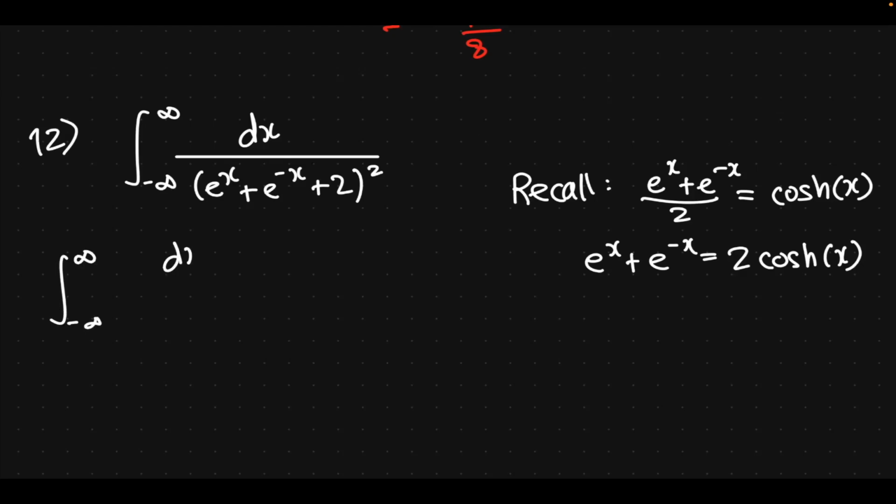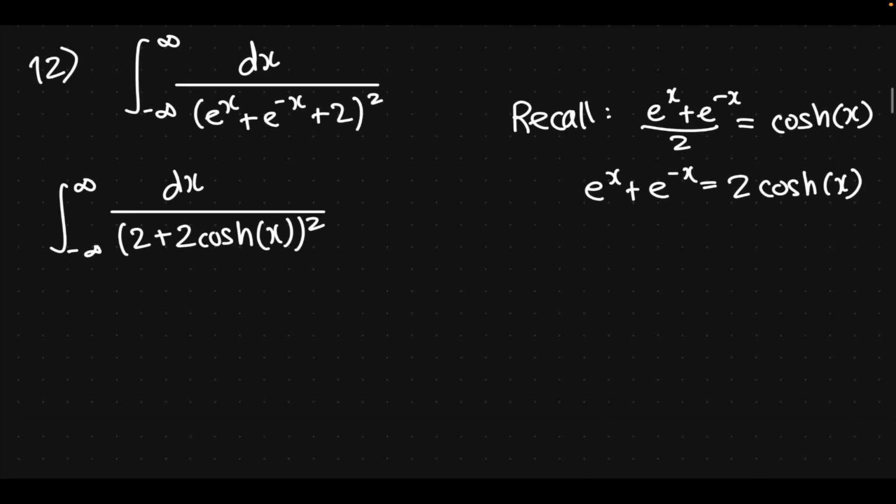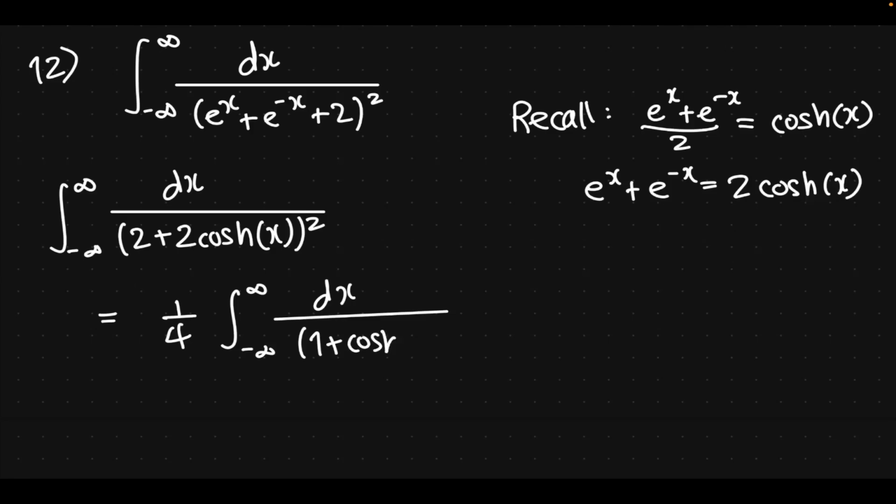So when I do that, I will have (2 plus 2 cosh of x) the whole squared. Now I can use the fact that we have a 2 multiplied. We can pull that out, and that squares to give us a 4, so 1/4 times the integral from minus infinity to infinity of dx over (1 plus cosh of x) the whole squared.